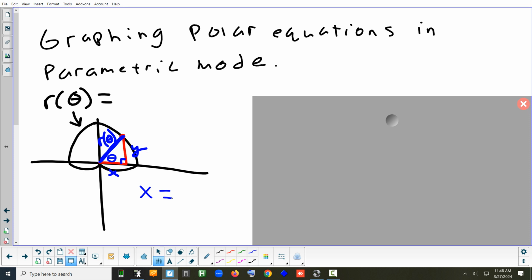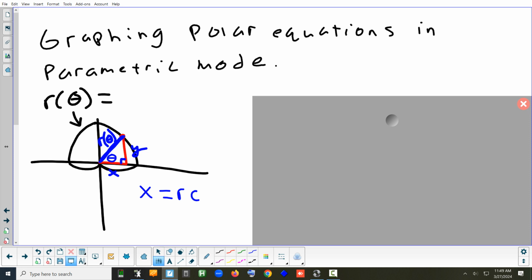But r we don't know. We have to use a formula to find it. So instead of r, we would have what? How are you finding r in this? What's the formula to find r in that picture? The r of theta. Exactly.